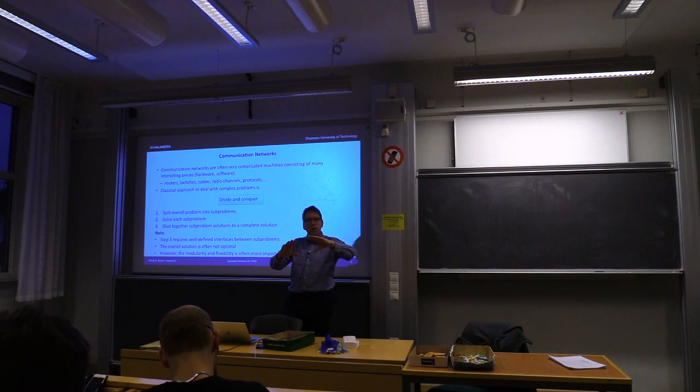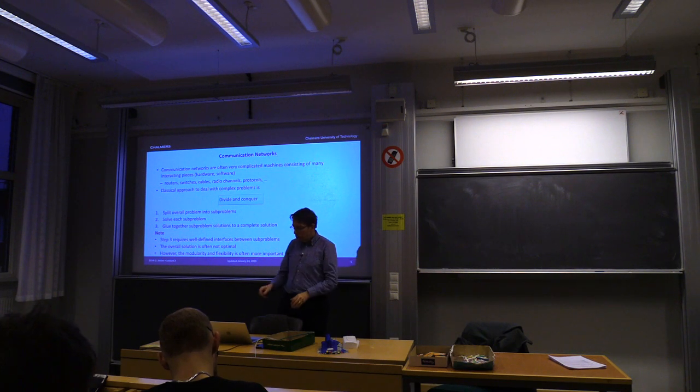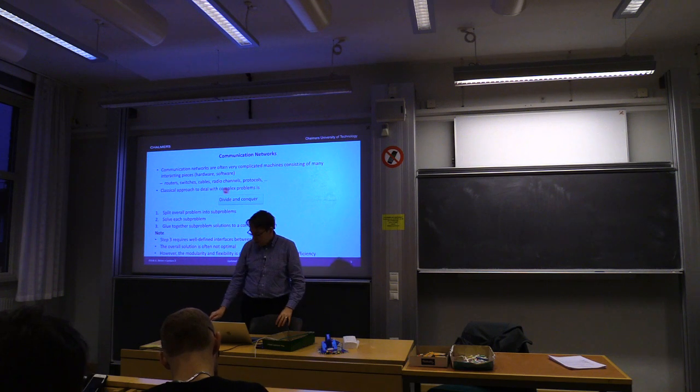You put a design team on each of these pieces, and they design that piece, and then everything is glued together to form the complete machine. So the classical approach to dealing with all complex problems is to divide the problem into smaller, more manageable pieces, and then you design each piece, right? So split the overall problem into sub-problems, solve each sub-problem, and then glue the sub-problem solutions into a complete solution.